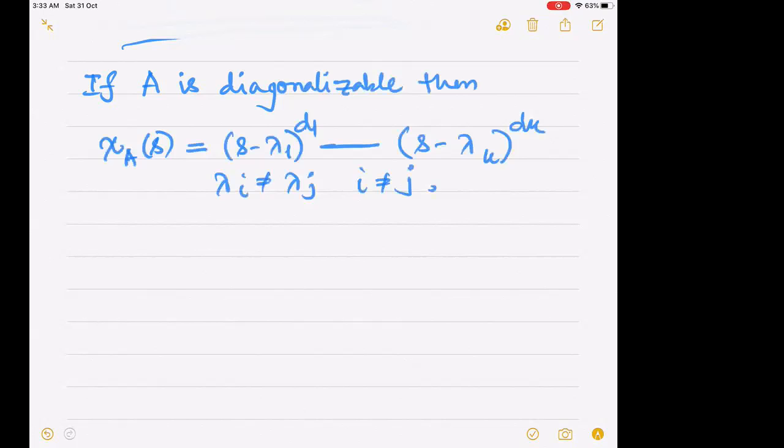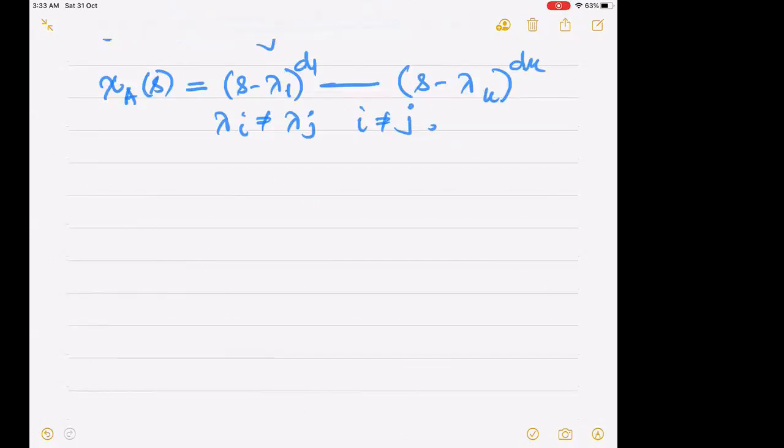That means these lambda 1 up to lambda k are distinct eigenvalues, and d1 plus dot dot dot plus dk is n, with the property that di is equal to the dimension of the space Wi.